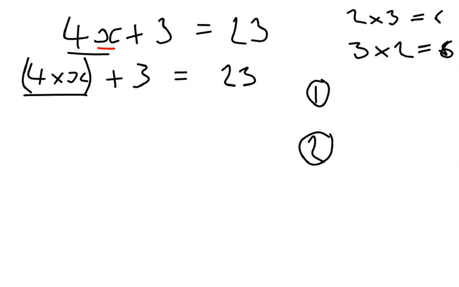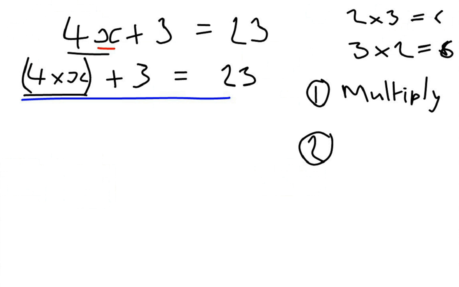So in this example here, the first thing that I do with my x, number 1, is I multiply by 4. And with that answer, the second thing I then do is add 3.